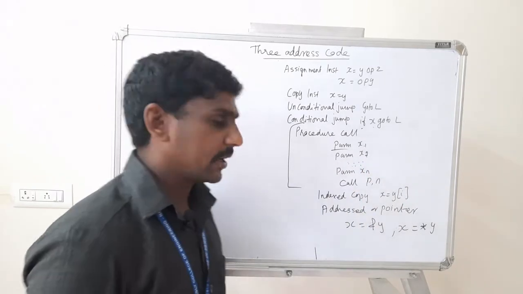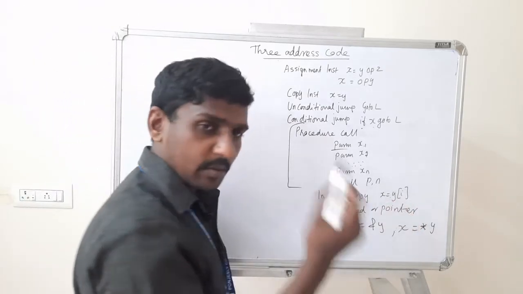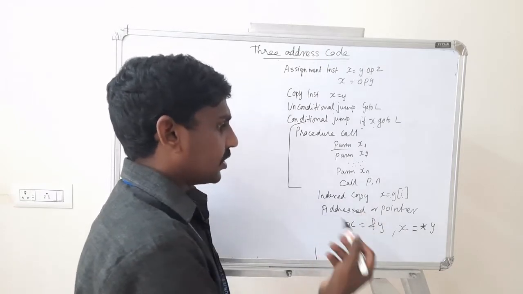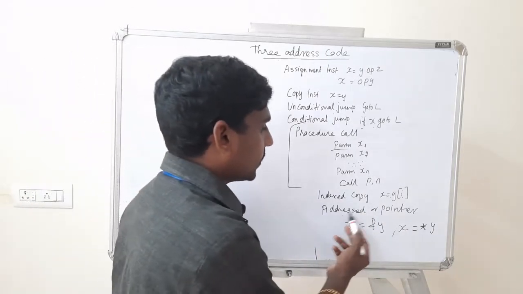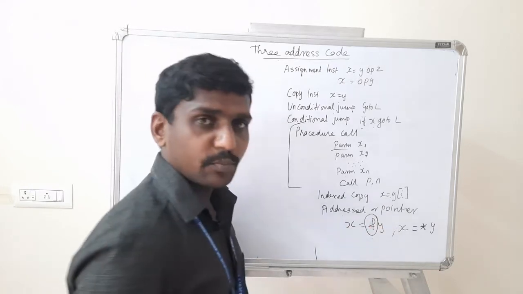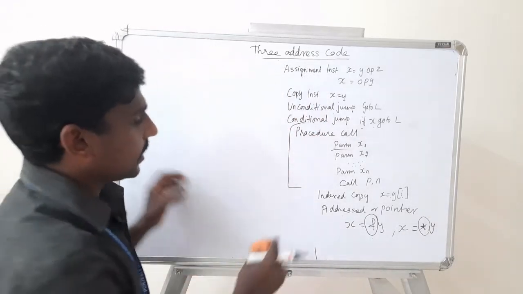And indexed copy, in the form x equal to y of i, or x equal to y of z of j, etc. And address or pointer: x equal to ampersand y represents addressing mode, and the star represents pointer mode. This we already studied.